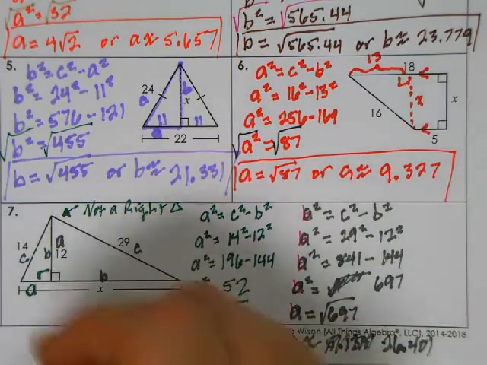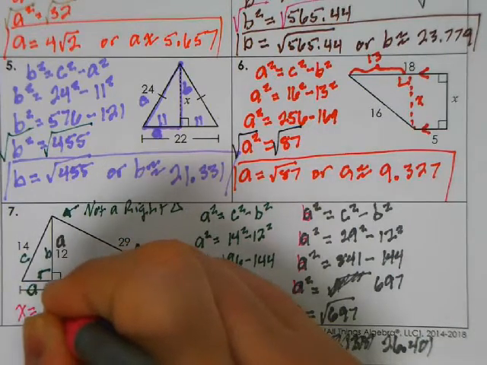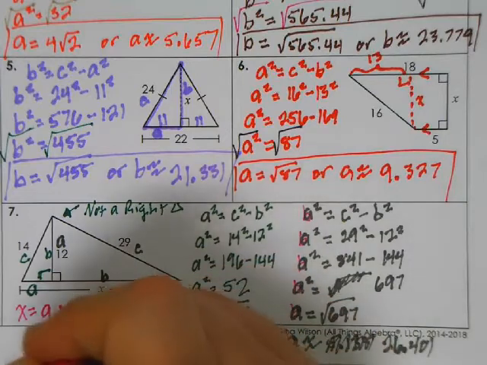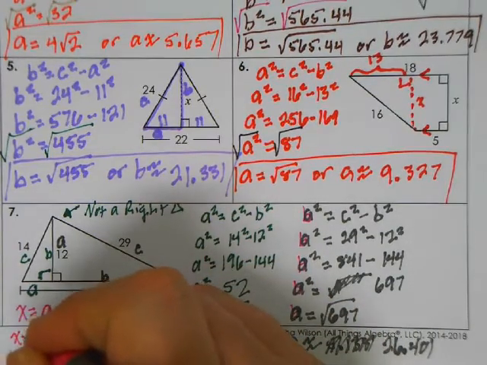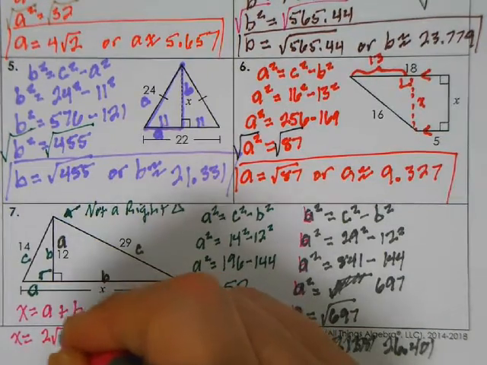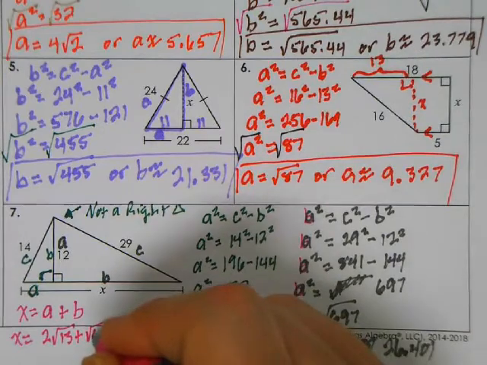So here x is equal to the length of side A that I had in green and the length of side B that I had in gray. So x is equal to 2 radical 13 plus radical 697.